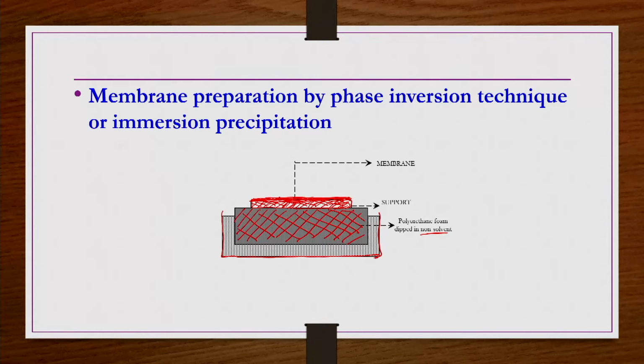The polymer layer that you have formed from the polymer solution, gradually as time progresses, the solvents will keep evaporating, and because of that evaporation a porous structure will be formed on the surface of the support. On the support, the polymer layer is there, and on that layer a porous structure will develop depending on the degree of evaporation of the solvent from this layer.